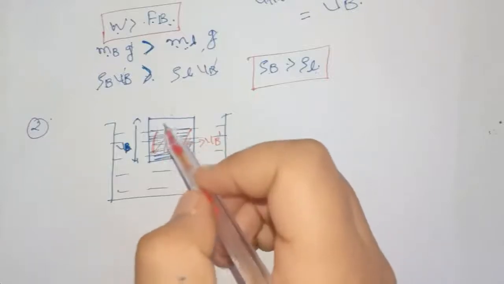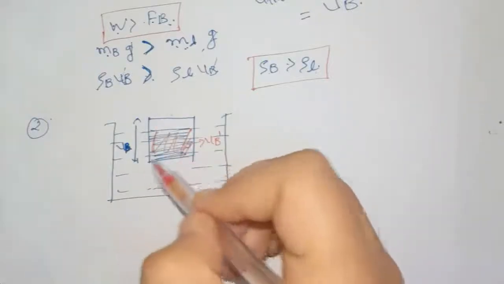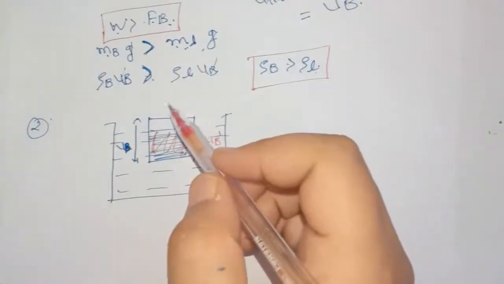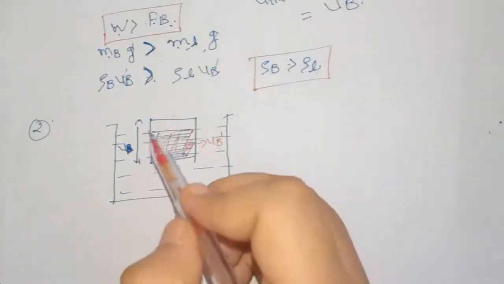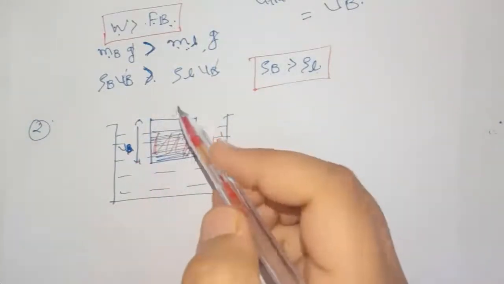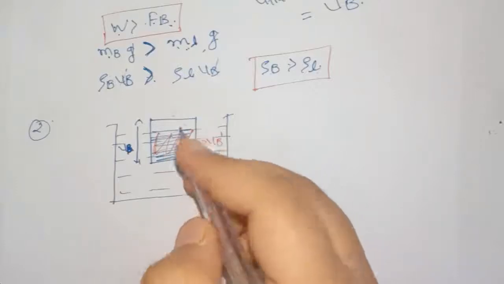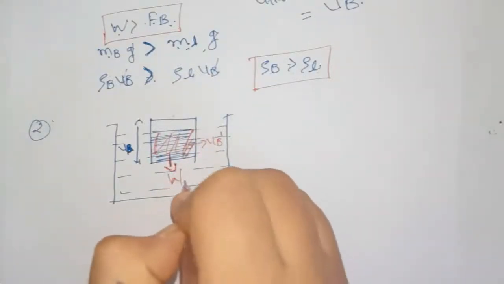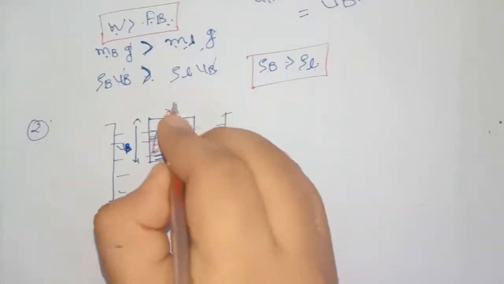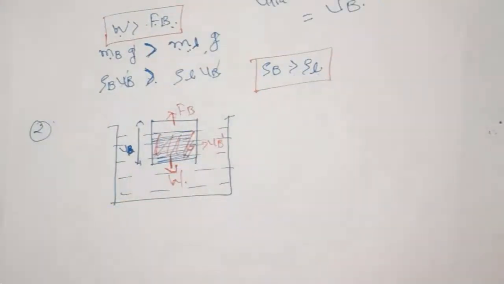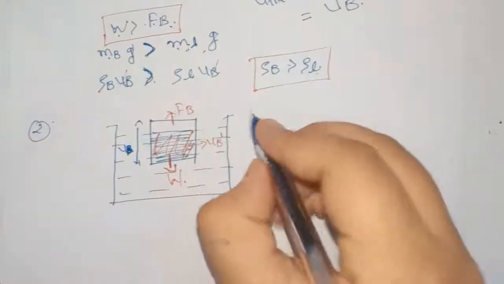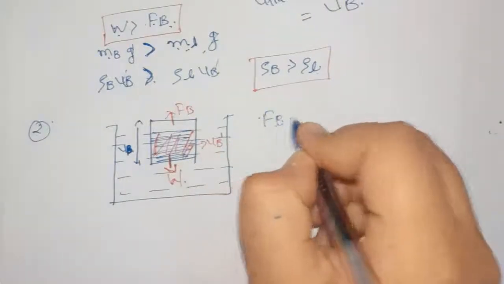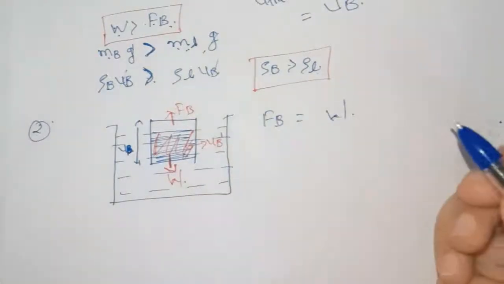So at any point this body is in vertical equilibrium. The two forces acting are weight in the downward direction and buoyant force in the upward direction. As this body is in vertical equilibrium, we can write FB is equal to W.